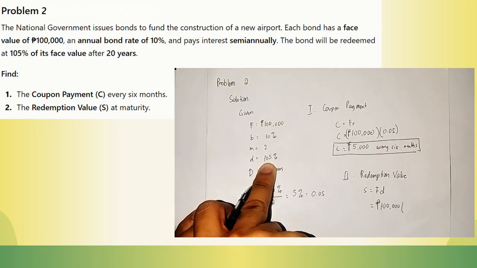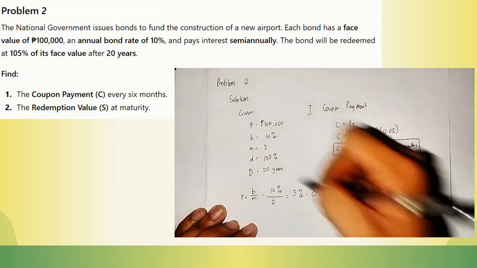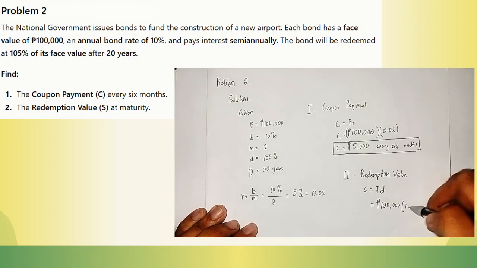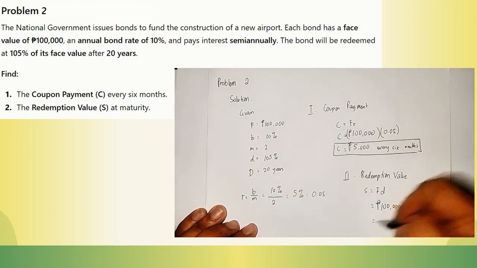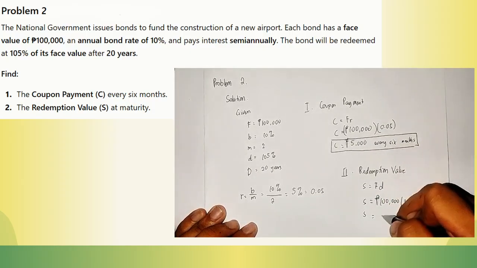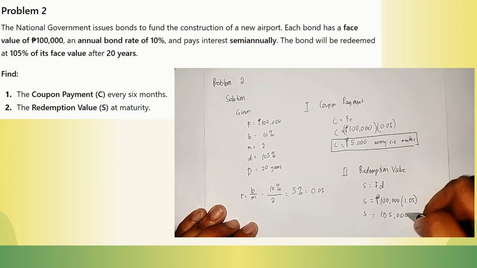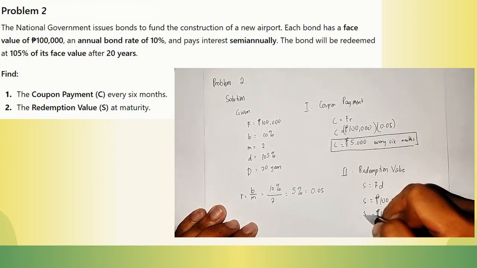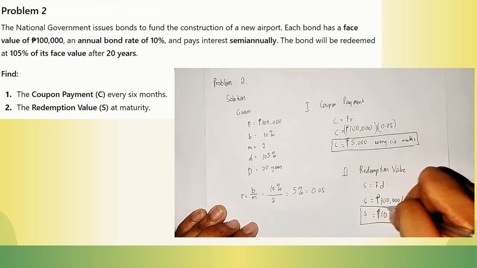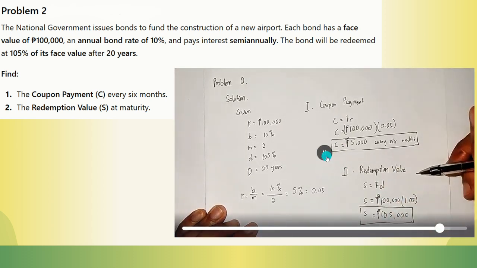We will convert it into decimal, so it will be 1.05. Now multiply, our S will be 105,000 pesos. This is now the value for redemption value.